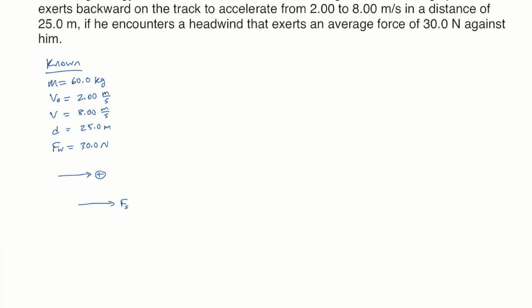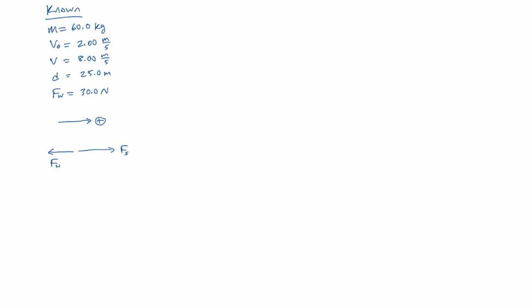And then the headwind opposes motion, so let's put our F wind back this way. All right, and so when we sum the forces, we get ma. But the sum of the forces, just the left-hand side, is going to be F_s minus F_w.